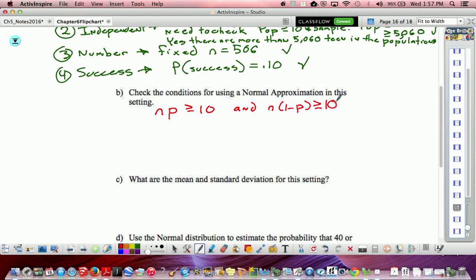So, N times P, well, 506 times 10%, that's 50.6. That's greater than or equal to 10. And 506 times 90%, 455.4, is greater than or equal to 10. Check.